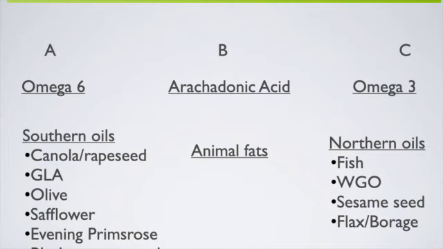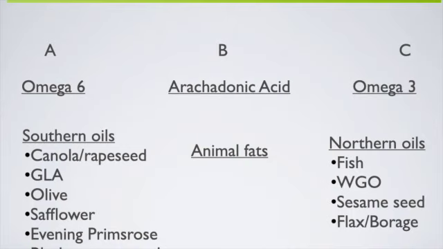These are the 3 main categories of fats that we look at. Omega-6s: your standard olive oils; coconut oil is high in omega-6s. Omega-3s, of course, are going to be the northern fishes, the fishes who have to make a lot of fat.